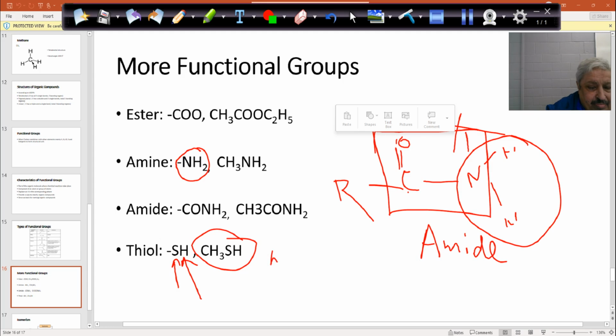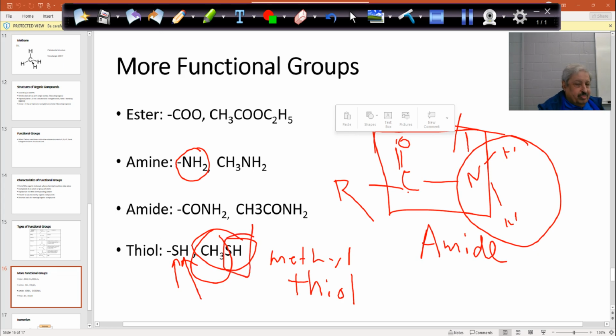The best is to call this a methyl group now, methyl thiol, because the methane is not an alkane here, it's connected to the main functional group. SH is a functional group called thiol. So we can call it methyl thiol. Okay, guys? So let's take this one out.